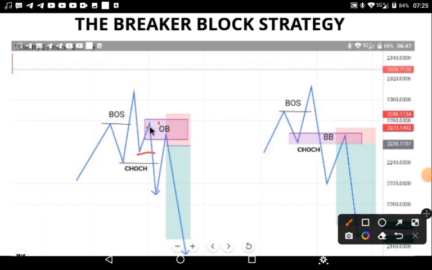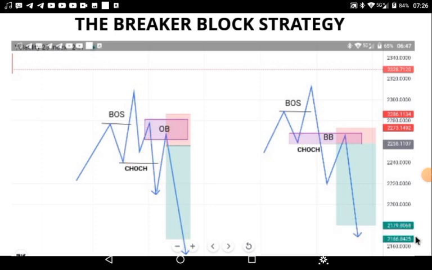That's where we expect price to go back to retest it before dropping, and that was exactly what happened here. In a situation where this order block that was here was not respected at all, we say that the order block has what? Failed. It is a failed order block.